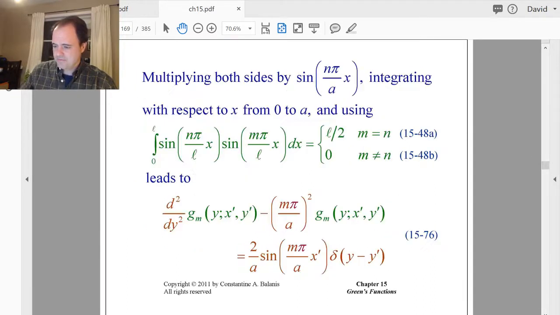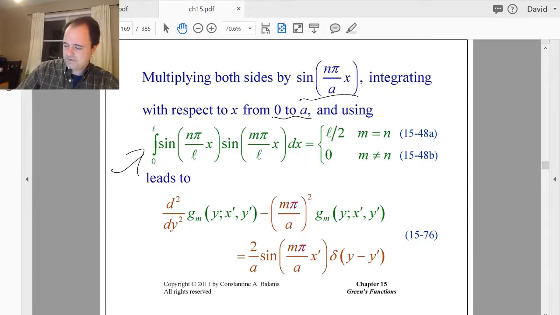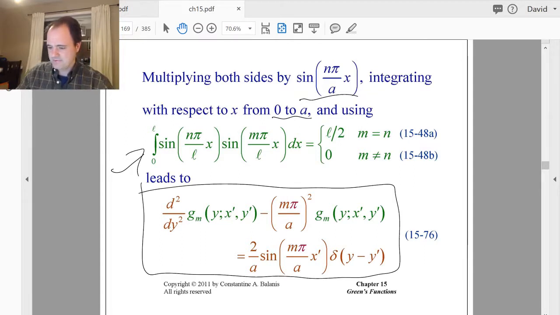We're going to multiply both sides by sine of n pi x over a and integrate from 0 to a, noting the orthonormal nature of these sine functions. And so we can select out a single value in this summation through this process. And we are left with this equation right there.